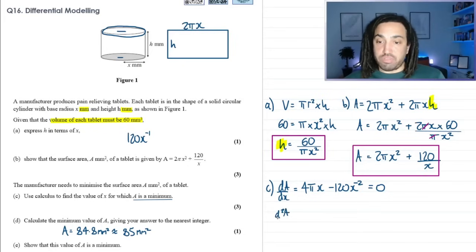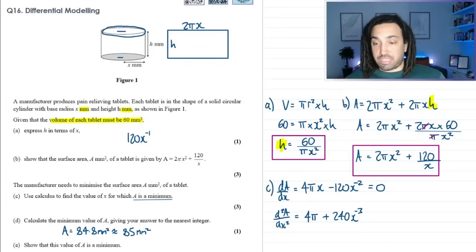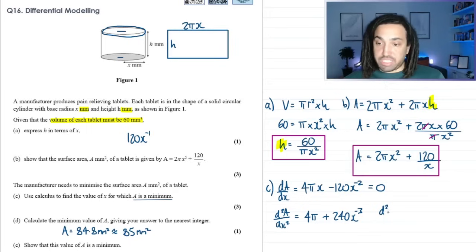So the second derivative is equal to something times x differentiates to whatever that constant is, which in this case is 4 pi. Minus 2 comes down to make plus 240, and then drop the power down by 1 to make a power of minus 3. Okay, so really we are interested in what the second derivative is at the x value, which was 2.122.